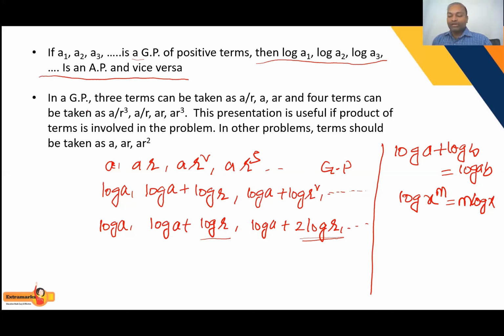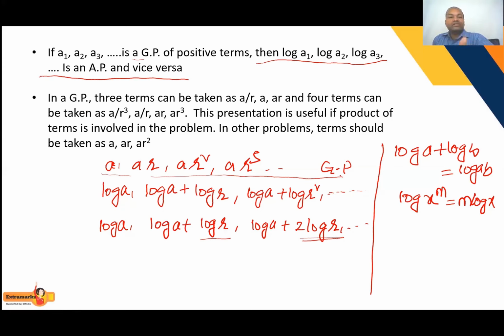But in GP, while solving questions, you observe in the given problem whether the product of the terms is there, product of 3 terms, or product of 4 terms, product of 5 terms. Generally the GP sequence will be what? A, AR, AR square, AR cube, and so on.